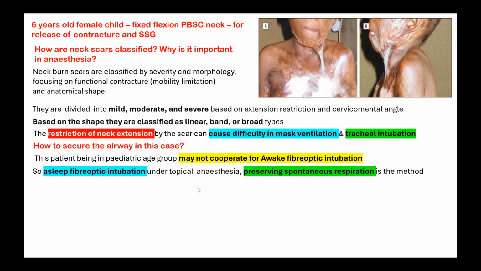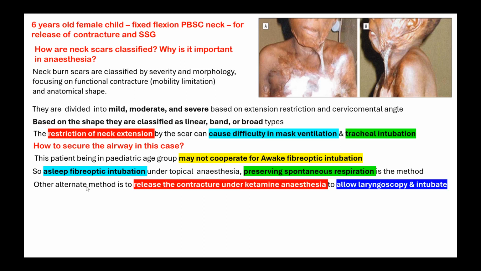So you can sedate the child with midazolam, fentanyl, and spray the area, preserve the spontaneous respiration, and give intermittent small doses of propofol also to make the patient tolerate the procedure. On the other hand, you can release the contracture under ketamine anesthesia and allow laryngoscopy and intubation.